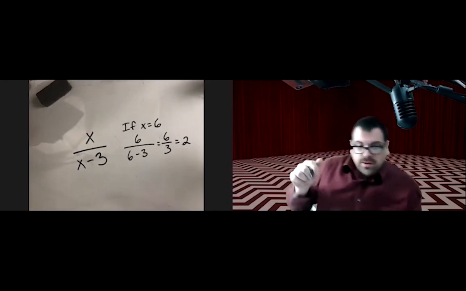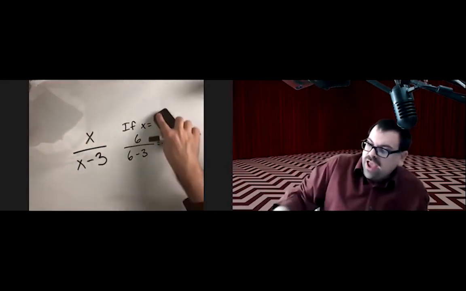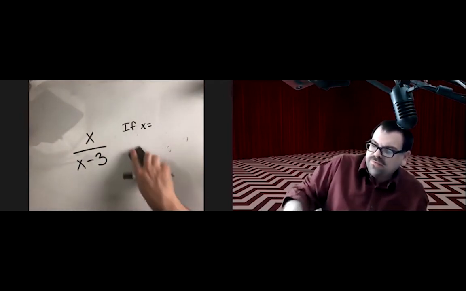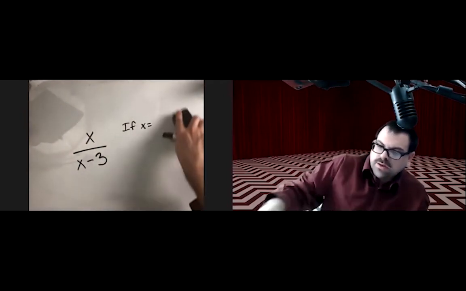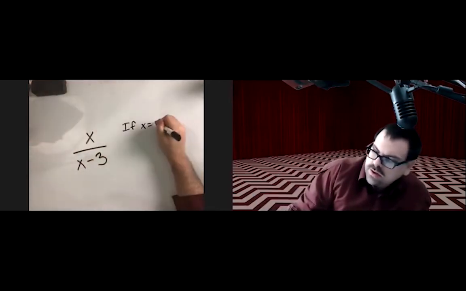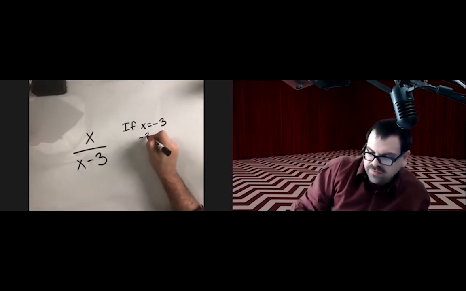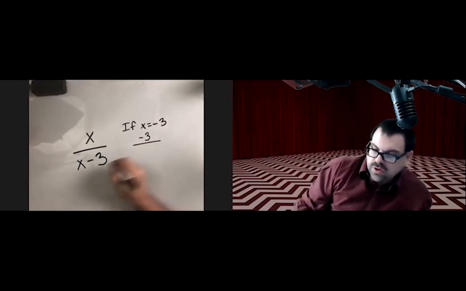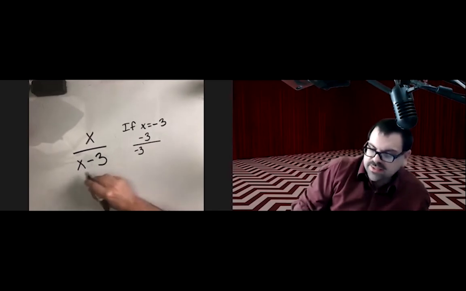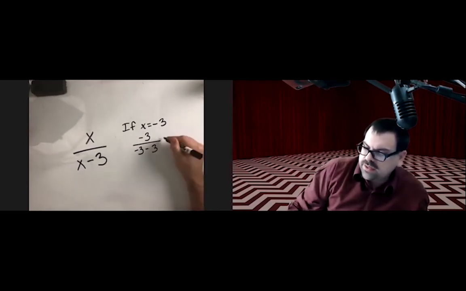What about if x was negative 3? If x was negative 3, we would have negative 3 over, careful with your signs, negative 3 minus 3.